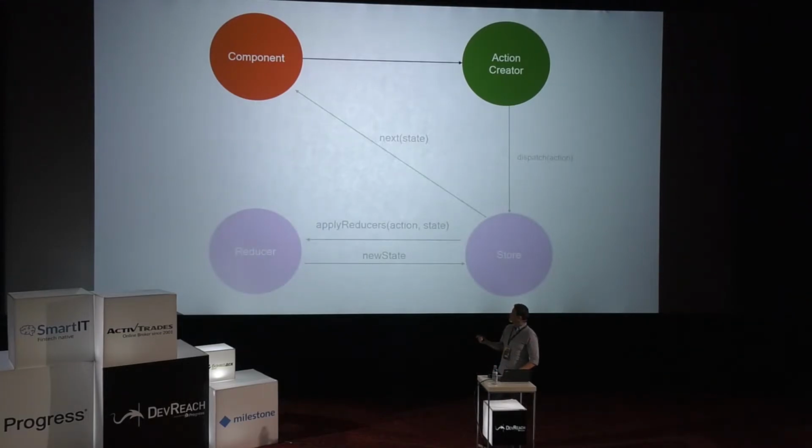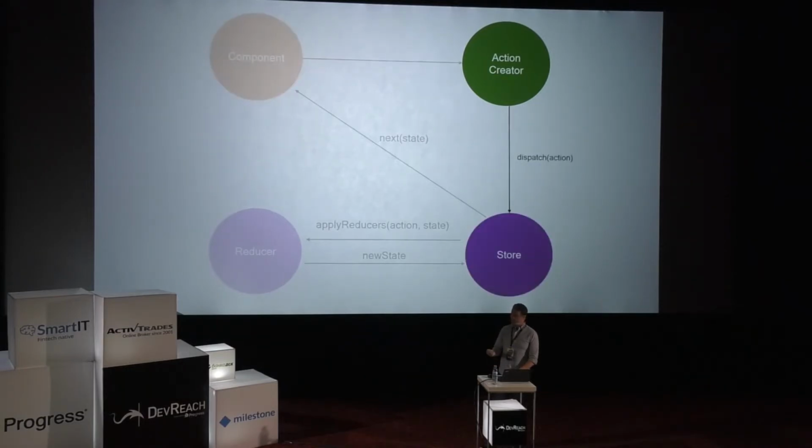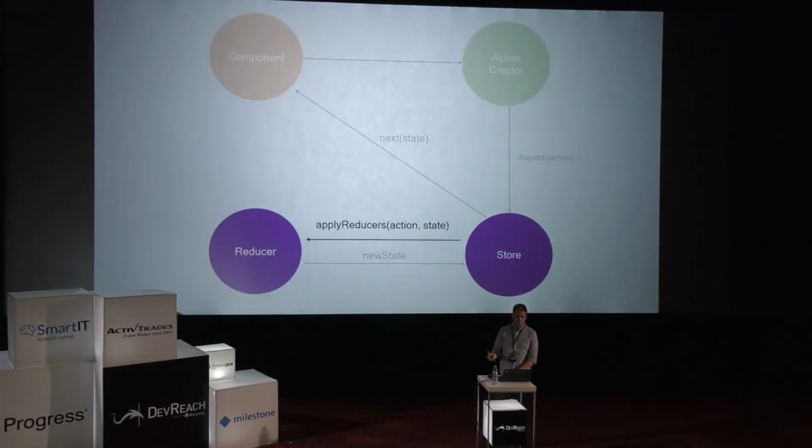So let's see what happens. We have a component. This is a smart component which talks to our business layer. We create an action. This action is dispatched and it arrives at the store. So the store applies the reducers, which take the action.